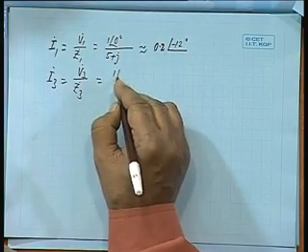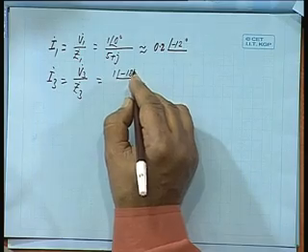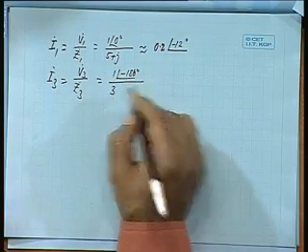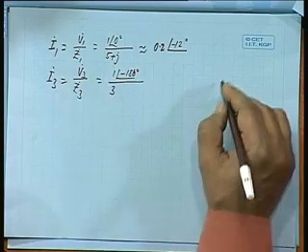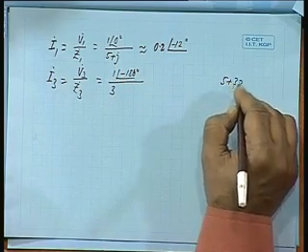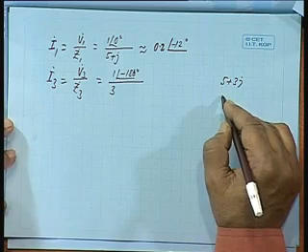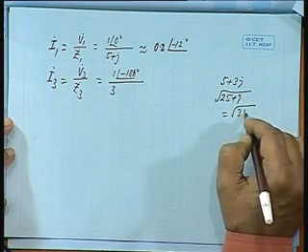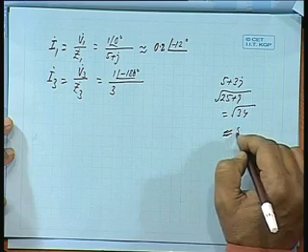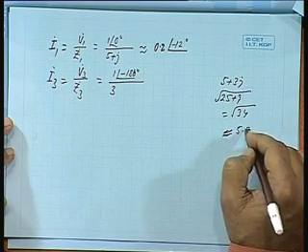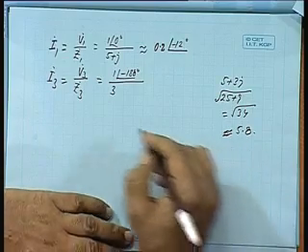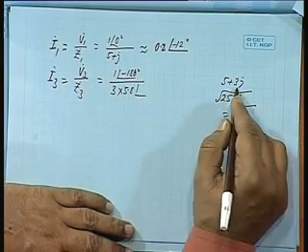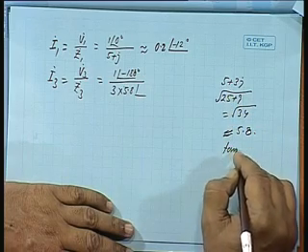I3 similarly will be V3 by Z3, and V3 is 1/3 angle minus 180, and Z3 will be 5 plus 3j. So 25 plus 9 under root, so root 34, which is approximately 5.8.